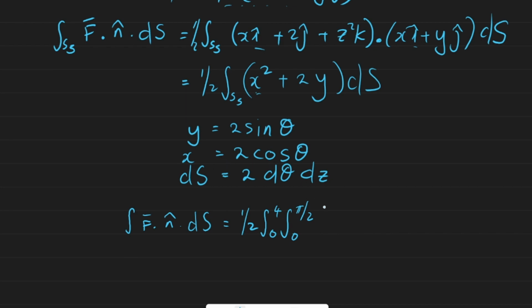So x is equal to 2 cos theta, so x squared will be 4 cos squared theta. And we have plus 2y, so y is 2 sine theta, so we have 4 sine theta. And of course, dS is 2 d theta dz. So this is multiplied by 2 d theta dz.